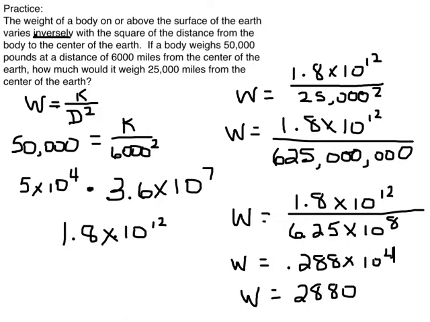Then from there it's fairly easy to do the math. You do 1.8 divided by 6.25 and you come out with 0.288. And then 10 to the 12th, if you move this up, it becomes minus 8, leaves us with 10 to the 4th, which means we're going to move this decimal place 4 places. So that would mean that the weight then would equal 2,880 pounds.